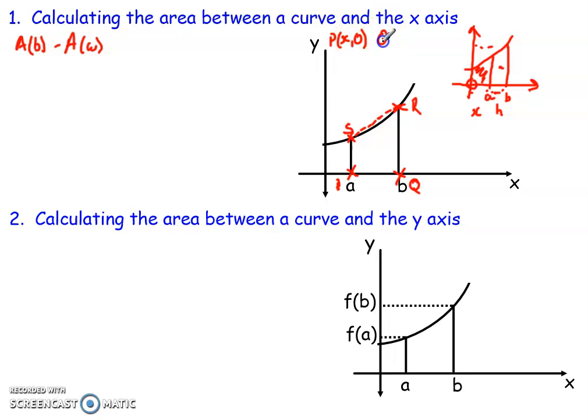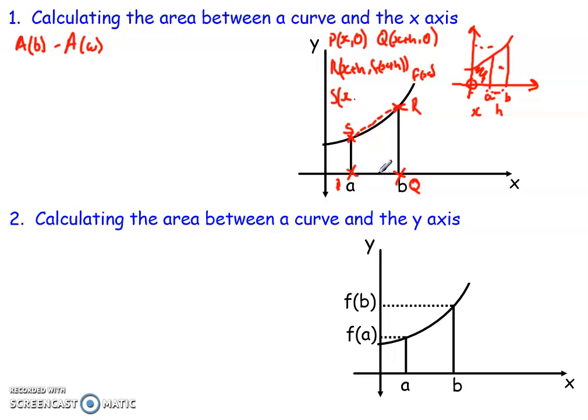Our point Q would be given by x plus h, 0, because it's still on the x-axis. My point R would be given by x plus h, and then the function, which we've called f of x plus h, for the y-coordinate, and my point S would be given by x, f of x. So that gives me the coordinates of all 4 of my vertices.